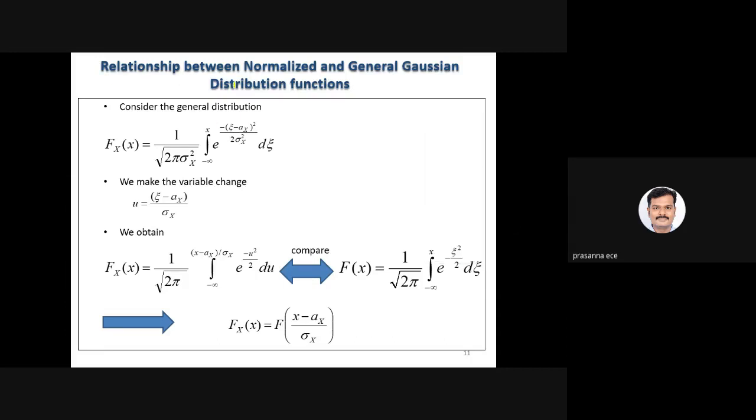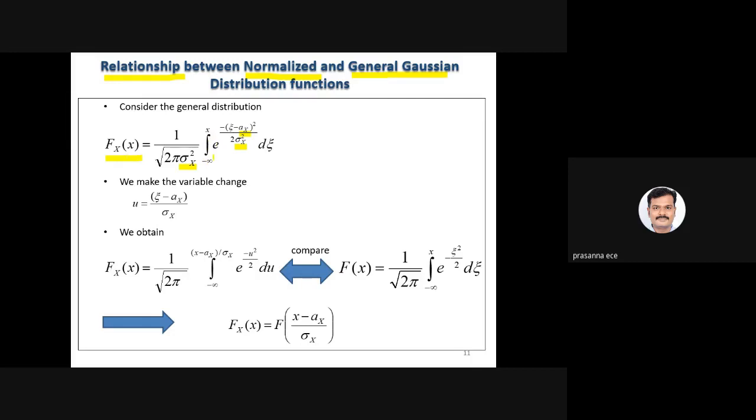So what we are going to see is the relationship between the normalized and the general Gaussian distribution functions. This is our general Gaussian distribution function. You can see the constants are present here, sigma_X and a_X. So here also we have sigma_X. The distribution is nothing but an integral, right?